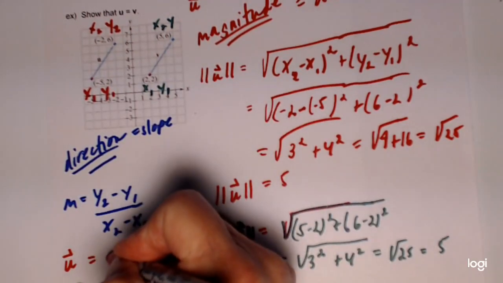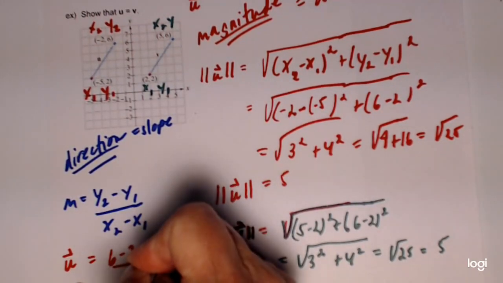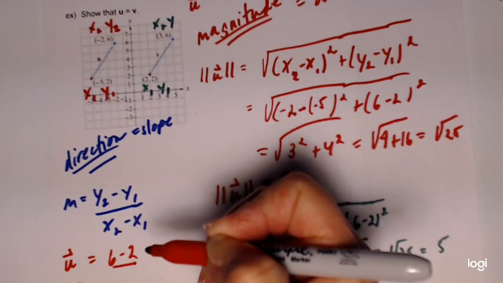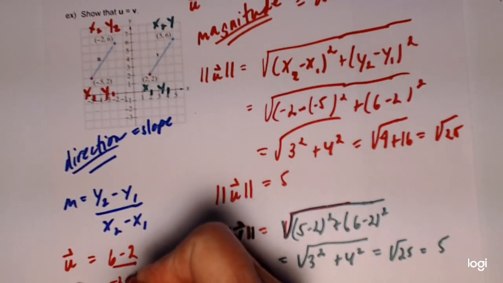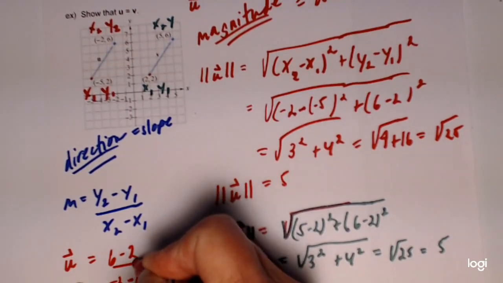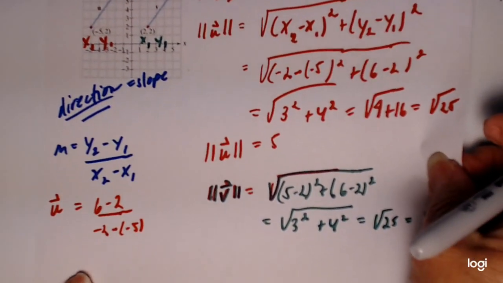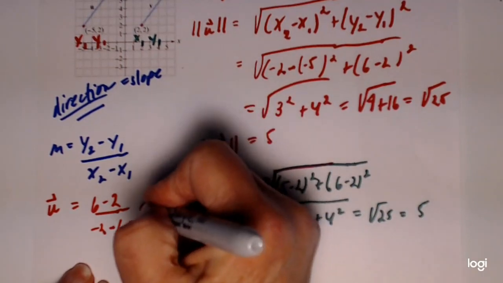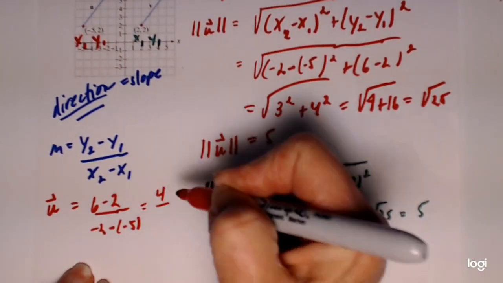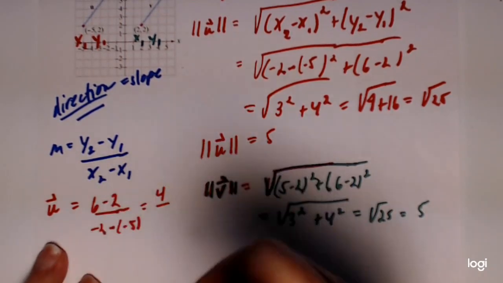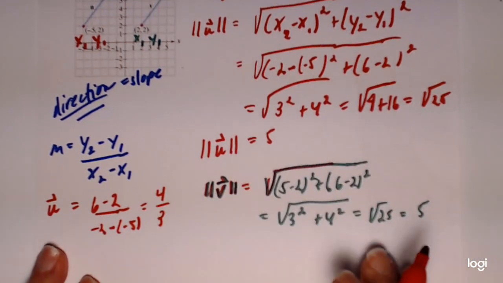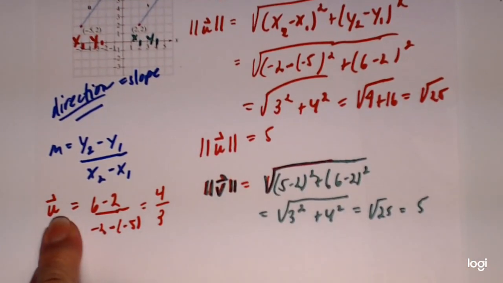So we have 6 minus 2 in the numerator, and then x2 minus x1. We have -2 minus 5 in the denominator. So 6 minus 2, we have 4 in the numerator, negative, negative. This is positive, -2 plus 5 is 3. So our slope for our vector u is 4/3.